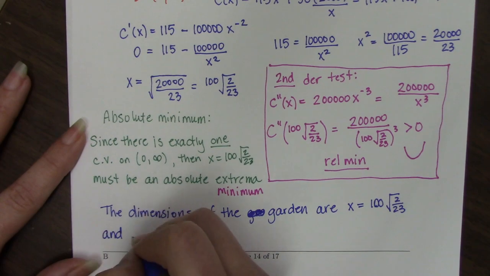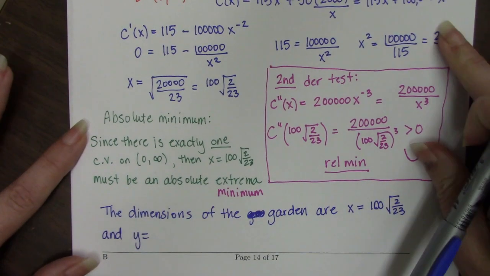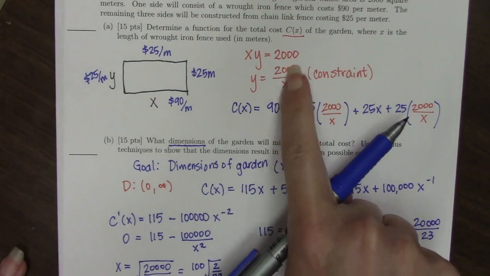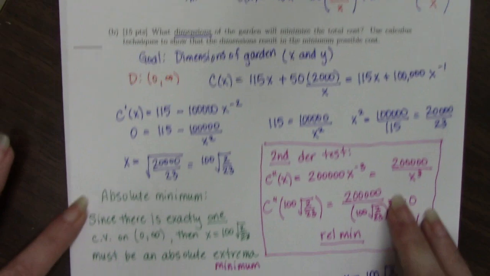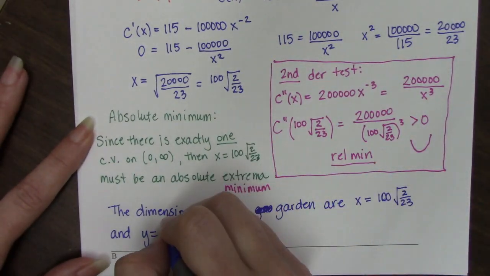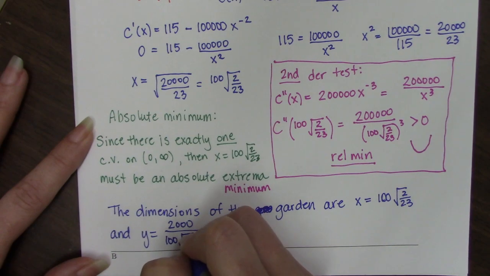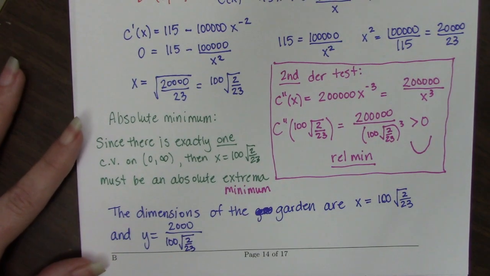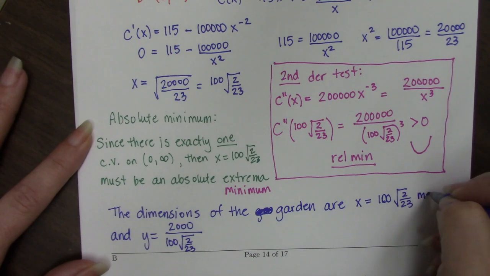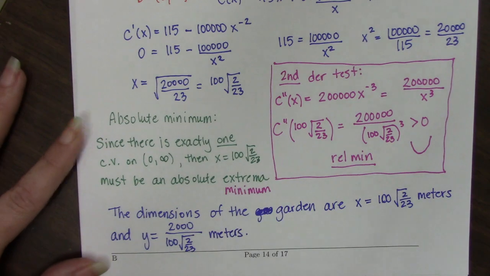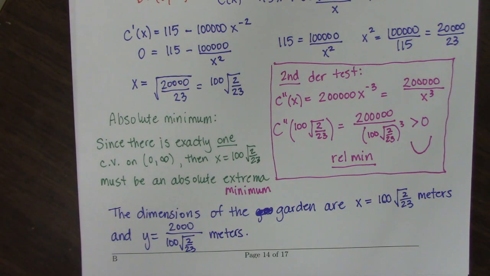And to get the y value, I go all the way back up here to my constraint and see where we solved it for y. That's the easiest place to plug it in. So it was 2,000 over 100 times the square root of 2 root 23. We need to include units, and you're done. I know it's very tempting to get decimal places, but we are perfectly happy with exact answers. You do not have to simplify this any further.